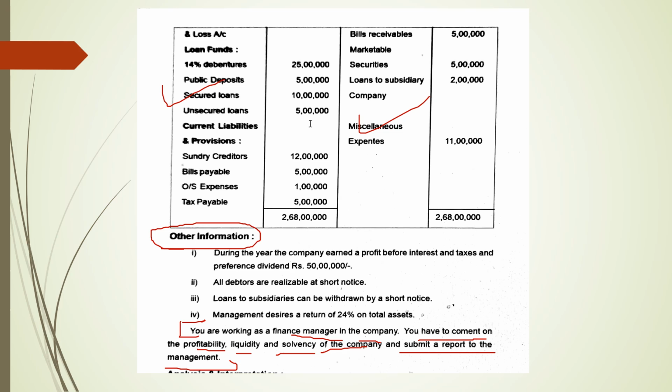These are the three main concepts they have given here, and you have to comment on them. So first you should know what profitability is, how to calculate it, and what liquidity and solvency are. Here you have to calculate the ratios which indicate the position, meaning what type of calculations are required for profitability.